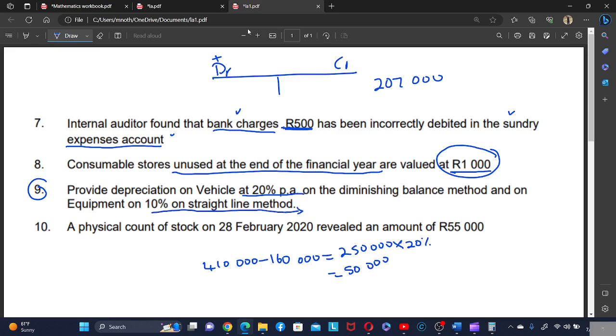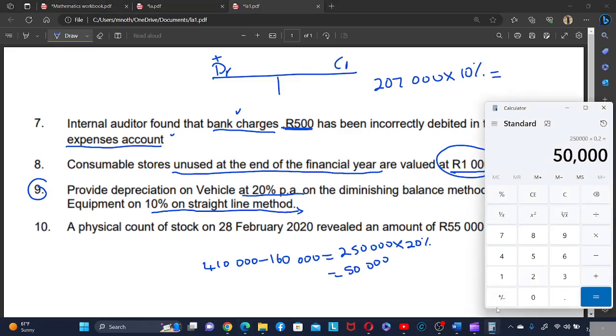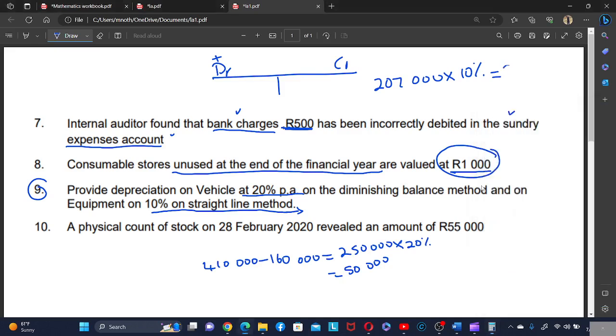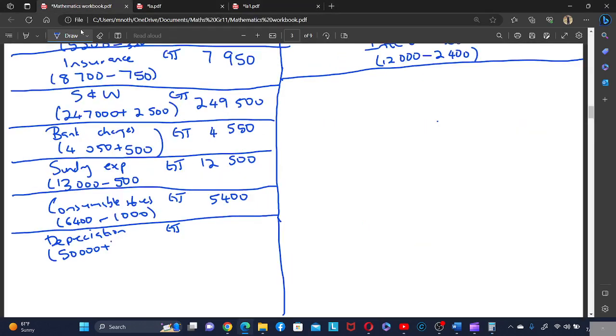Straight line method is the same as the cost price method, meaning that we take the cost price and then multiply by the percentage. So 207,000 times 10% is going to give you 20,700.